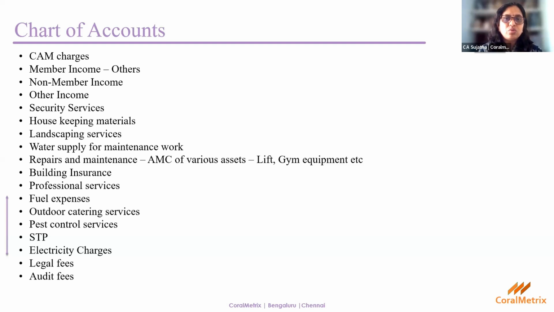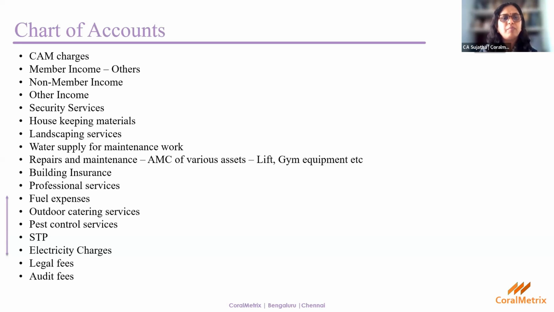So when it comes to the chart of accounts, on the income side, one is the CAM charges, that is common area maintenance charges, which is an income. Second is the member income. Member income in the sense of parking lot charges, party hall rental, move in and move out charges, notice board charges. These are the collections that the apartment collects from the members.